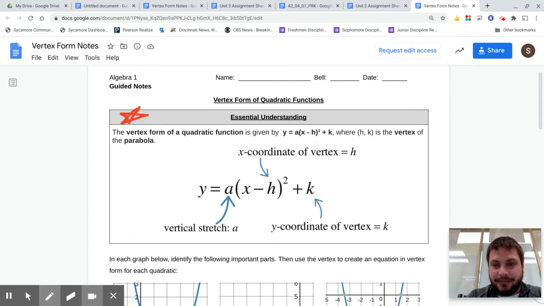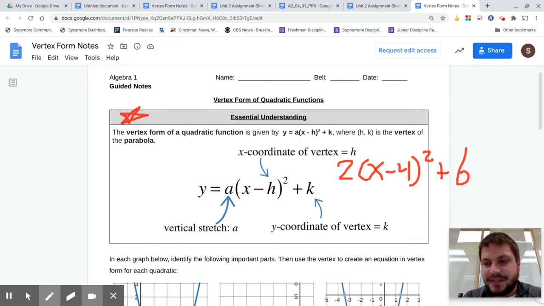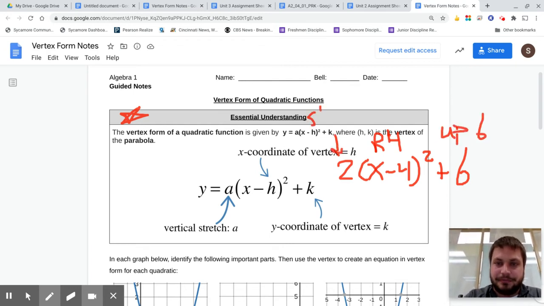Let me give you an example here really fast so everybody can feel comfortable. If I just ask you about inside-outside rules of this parabola, hopefully inside -4, you would say that moved the graph right 4. Outside +6, you would say that moved the graph up 6. And it would be stretched by 2.